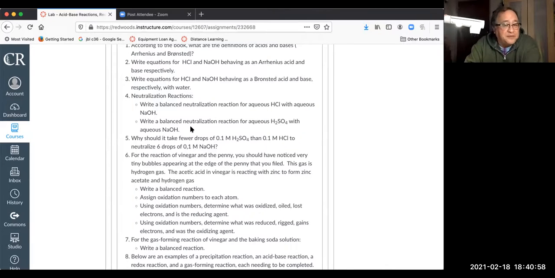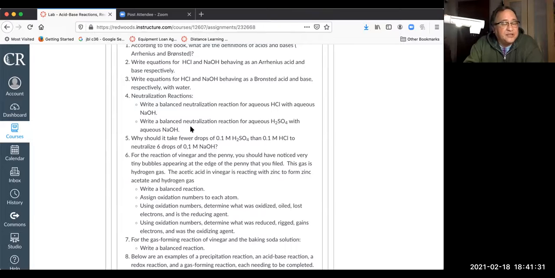And then number 5 is based on that experiment where technically it should take us fewer drops of 0.1 molar H2SO4 than 0.1 molar HCl, M is molar, to neutralize the 6 drops of 0.1 molar NaOH. That shouldn't be a comma, that should be a period. So I'm asking you why it should take fewer drops, and you should explain that to me. And number 4 should help you with that answer.